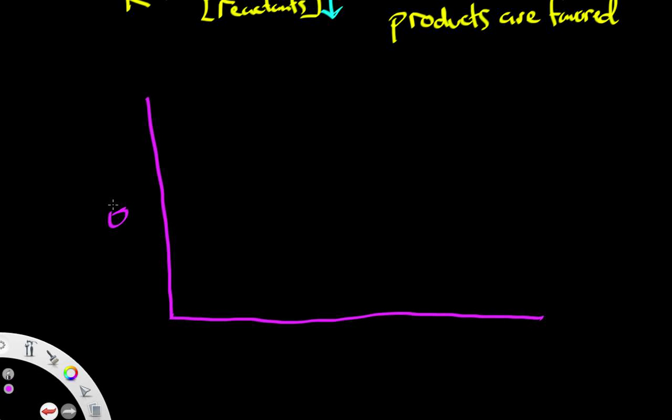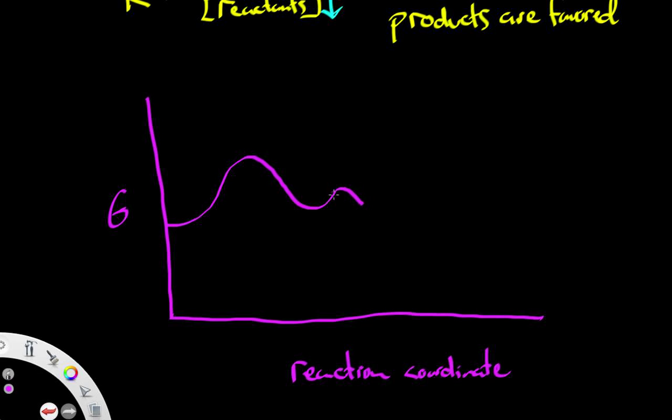And this is going to be our energy, and this is just going to be a reaction coordinate. And so we will end up with something that looks like this. And by the way, I'll go over this as soon as I'm finished drawing it.